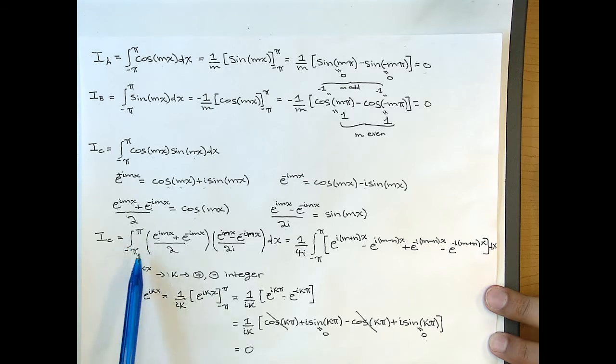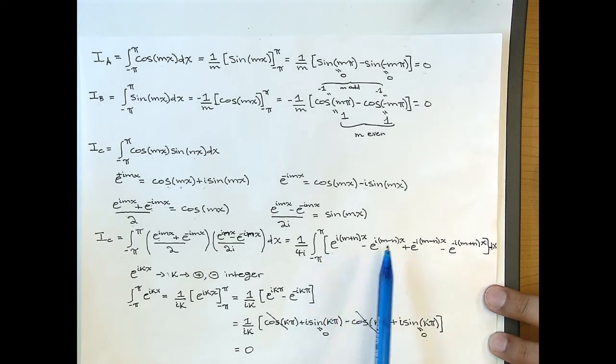So this becomes the integral from negative pi to pi of these two things here. All right. Now, if we multiply this out, we're going to get 1 over 4i outside. And we're going to get 4 terms here, which all have in the exponent either m plus n or m minus n.